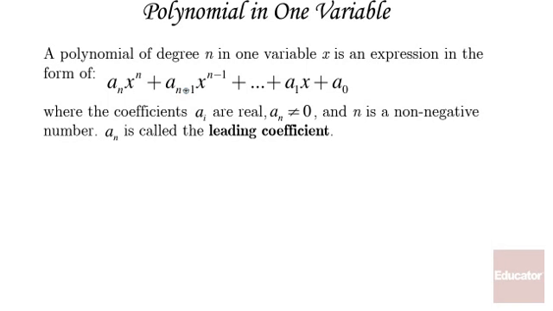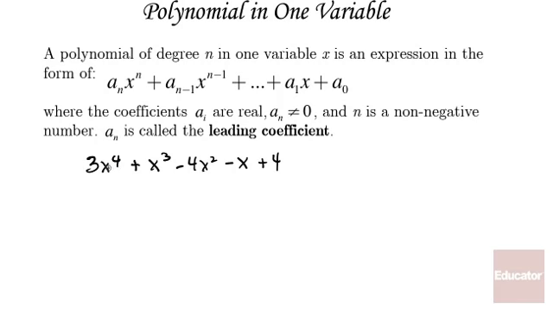Now, let's talk about degree using numbers instead of just n. If you have something such as 3x to the fourth plus x cubed minus 4x squared minus x plus 4, the degree of the polynomial is the degree of the variable that is the highest power.